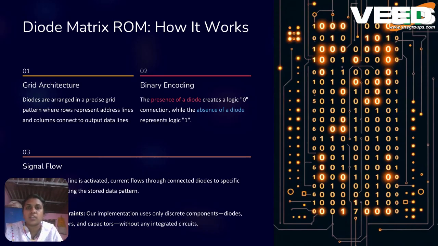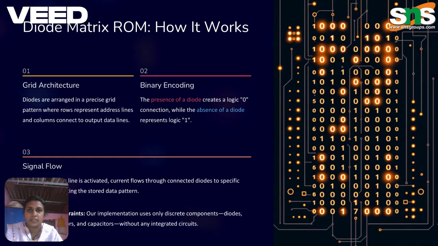In diodes, information is stored in the form of connections, the presence or absence of a diode between word line inputs and bit line outputs. In this working, each row's word line represents an address, and each column's bit line represents a data bit, 1 or 0.